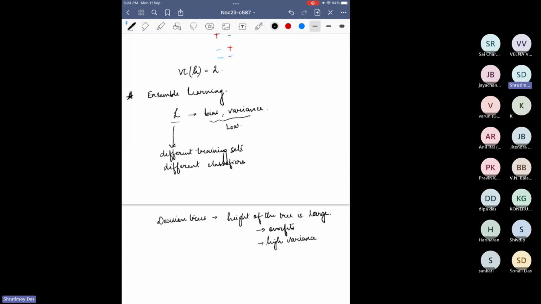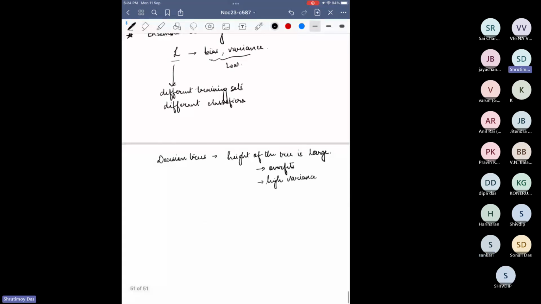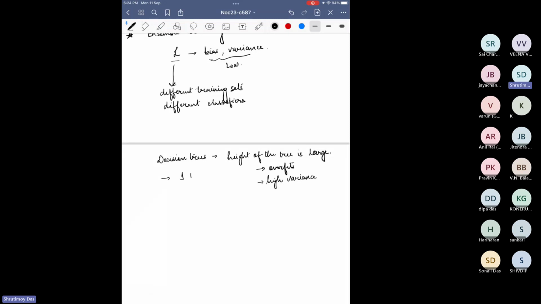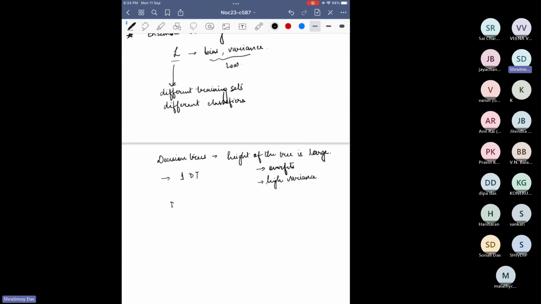This was for one decision tree. Instead of that, suppose we have a lot of decision trees: decision tree 1, decision tree 2, and so on, up to m such decision trees.